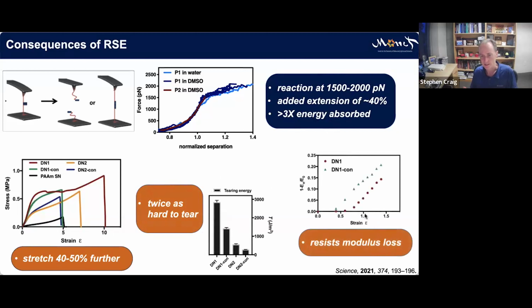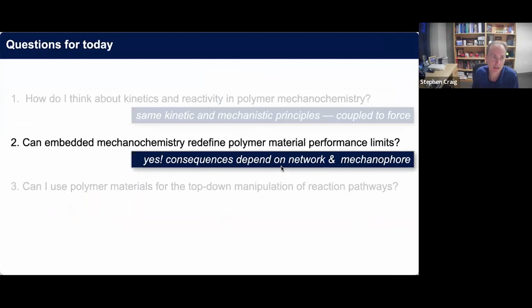And just like with the randomly cross-linked networks, these hydrogels also have less hysteresis under cyclic loading than their conventional counterparts. So that's part 2 here. In fact, embedding mechanically coupled reactivity can change the kinds of properties that we get out of these materials.